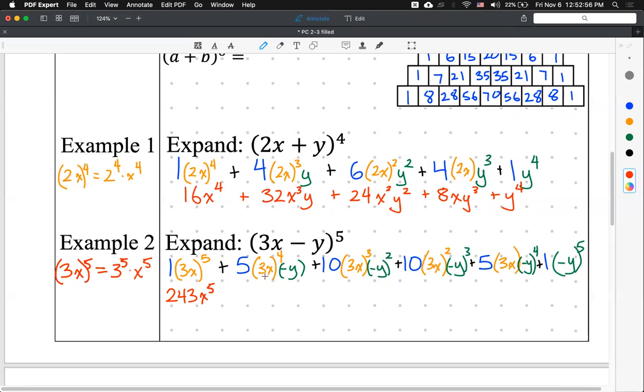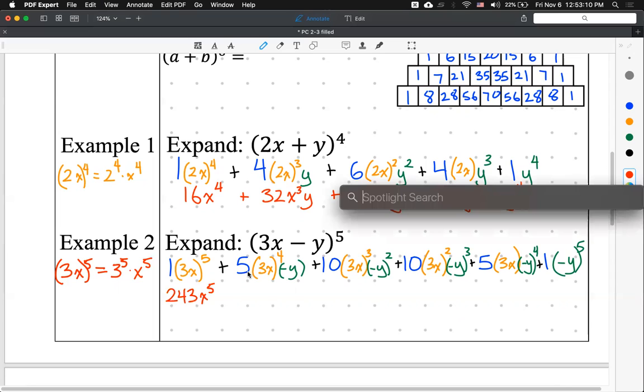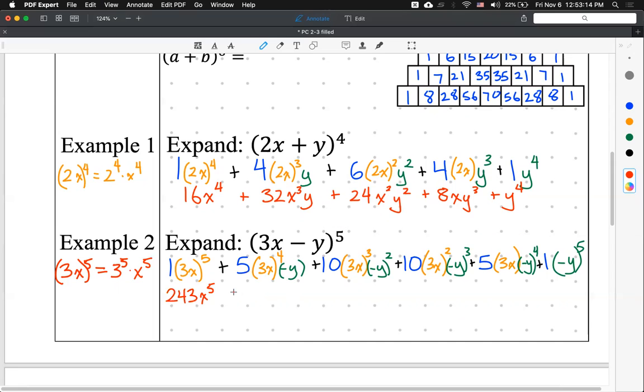From here, we're going to do 3x to the power 4. So 3 to the power 4 by itself is 81. Then I have to multiply that by 5, just in terms of the coefficient up front. So 81 times 5 is 405. So this is going to be minus 405.